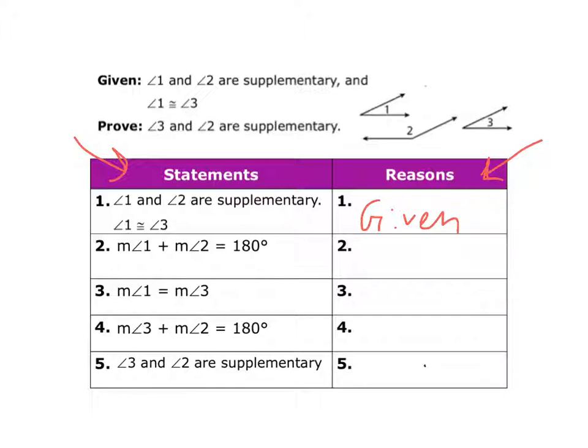Next we have the measure of angle 1 plus the measure of angle 2 is equal to 180. Definition of supplementary angles. Now we have the measure of angle 1 is equal to the measure of angle 3.